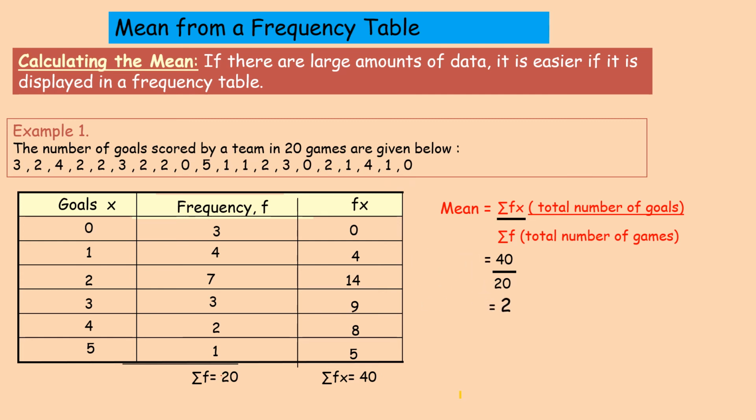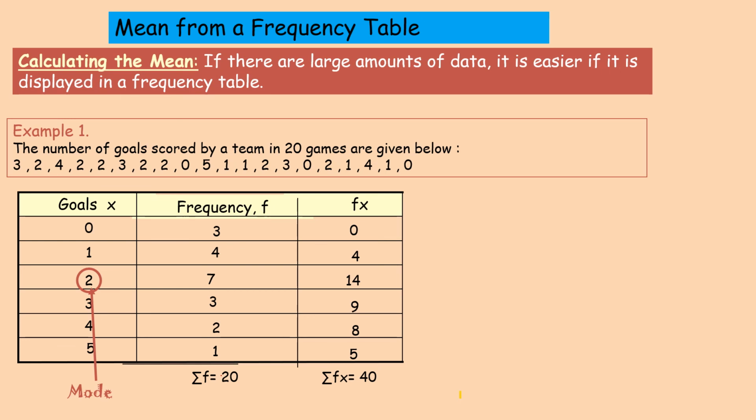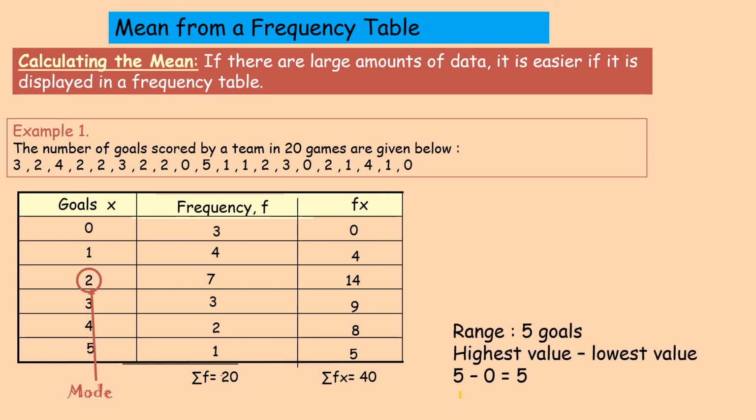We can also work out other averages from this table of values. For example, we can work out the mode. So out of 7 games, 2 goals were scored, so 2 is our modal value. And we can also work out the range.